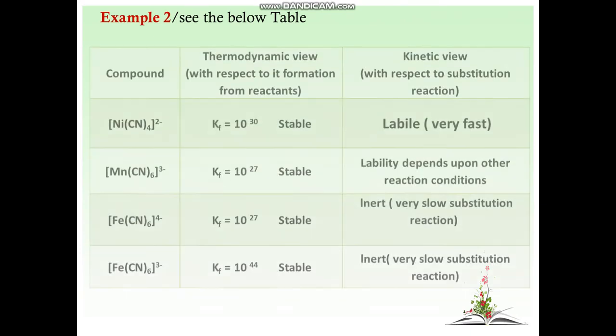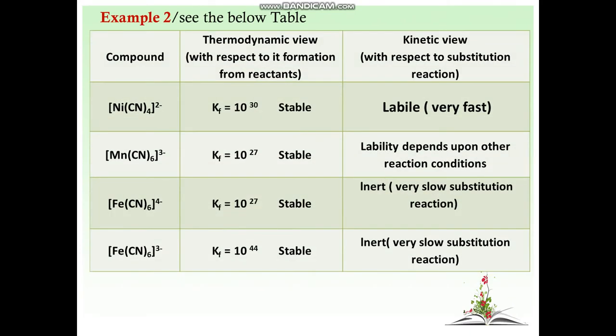Example 2. Let us see the below table. See, this K formation is a high value, so it is a stable compound with respect to formation. But when we study the substitution reaction of these complexes, the first one is labile, very fast.